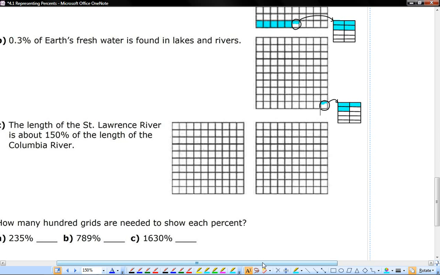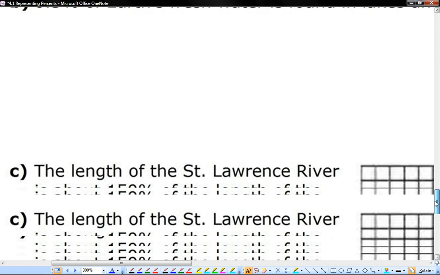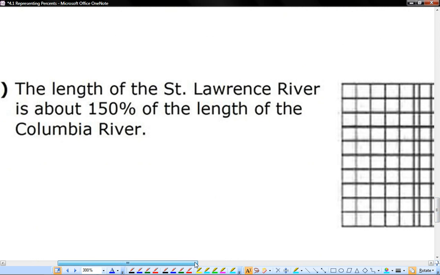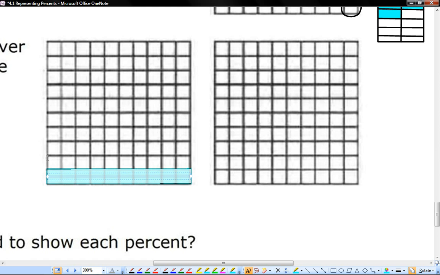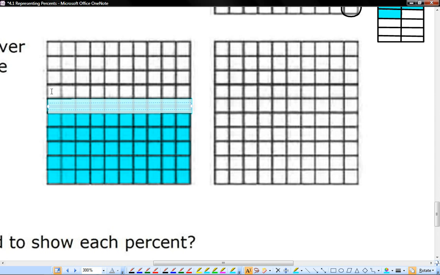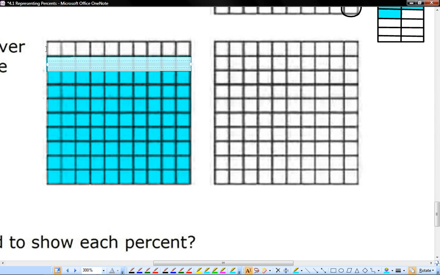And the last one we've got here is the length of the St. Lawrence River is about 150% of the length of the Columbia River. So one more time, I'm going to zoom in so I can do a nice, careful job of this. Okay, so here I have my first 10, 20, 30, 40, 50, 60, 70, 80, 90, and 100%.